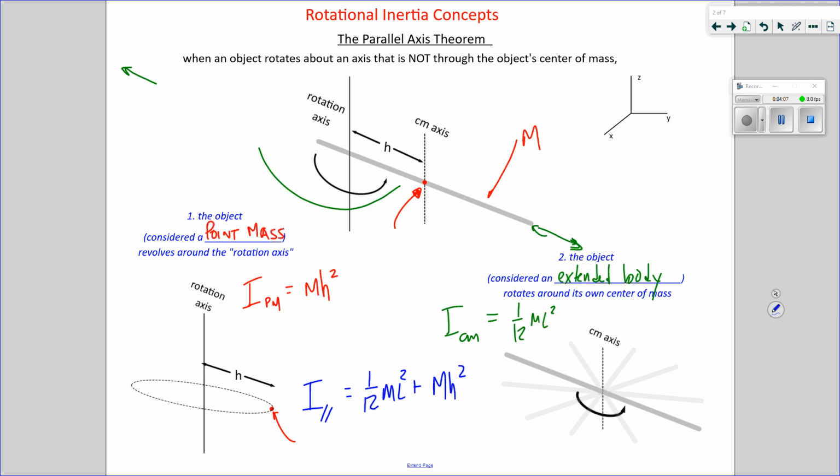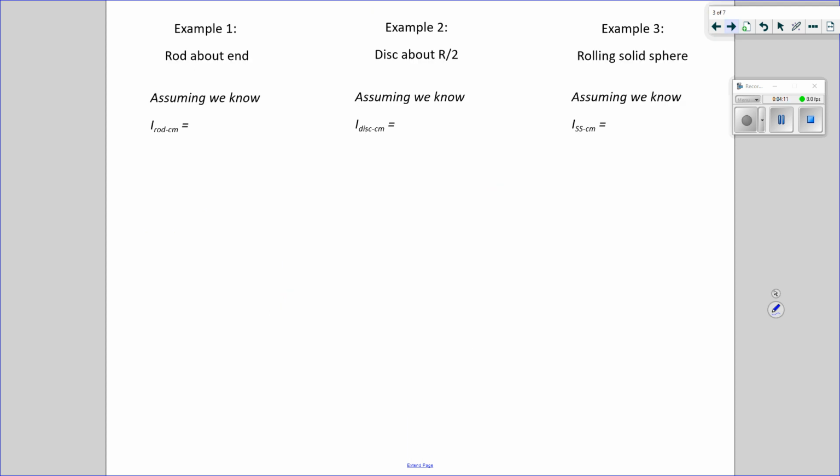Fair enough? That's for a rod around some arbitrary axis. Let's use that to talk about a rod about its end. Now, we happen to know, from a reference table, that a rod about its end is going to be 1/3 ml squared.